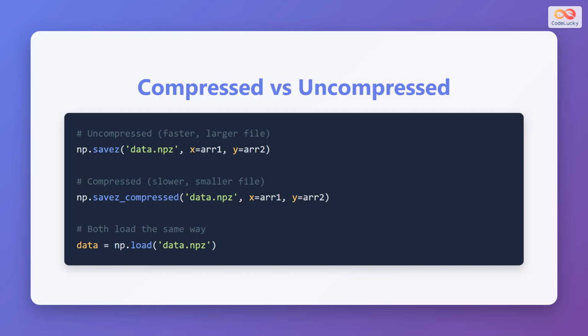The key advantage is that both formats load exactly the same way using np.load. You don't need to remember which format you used when saving. Choose savez_compressed when file size matters, such as when storing data long-term or transferring over networks. Use regular savez when speed is more important than storage space.